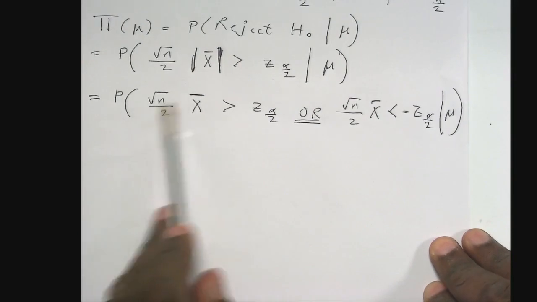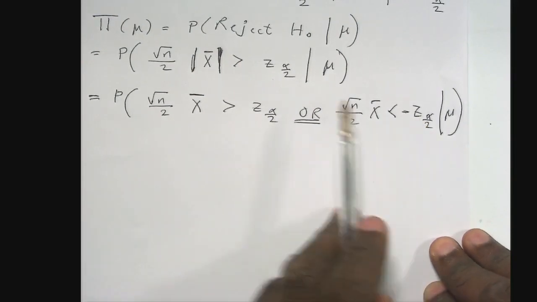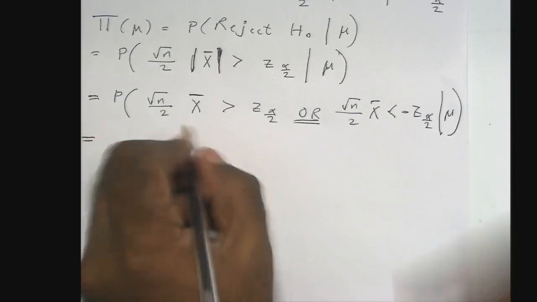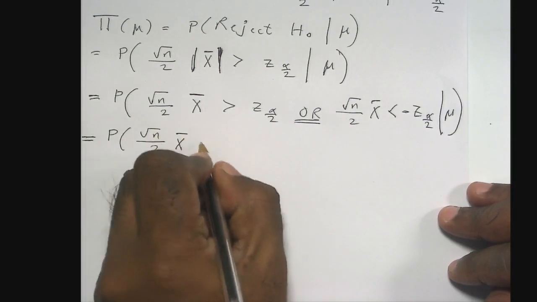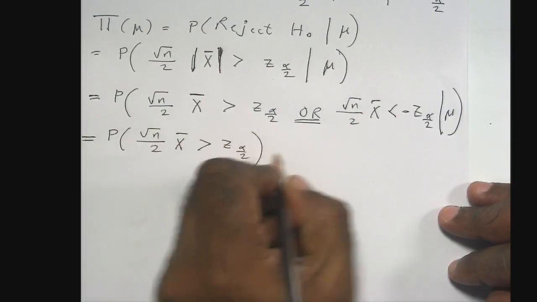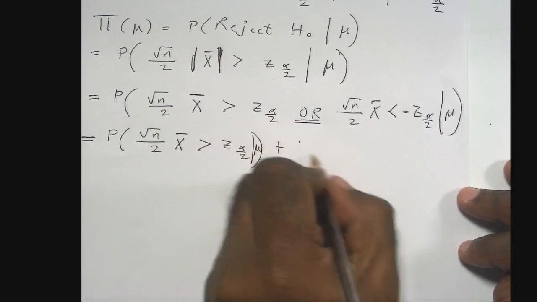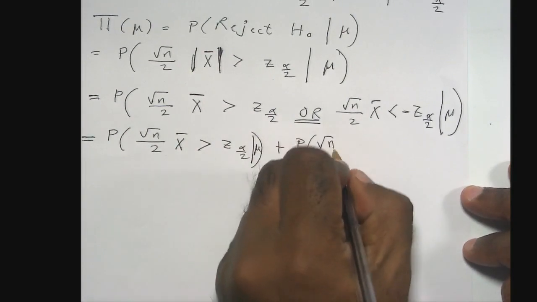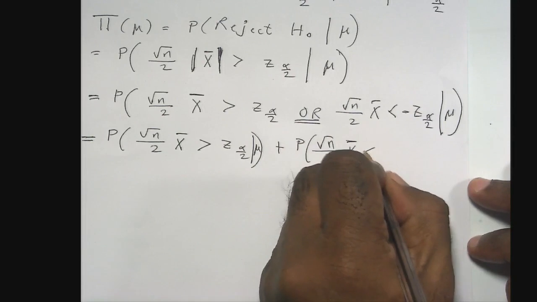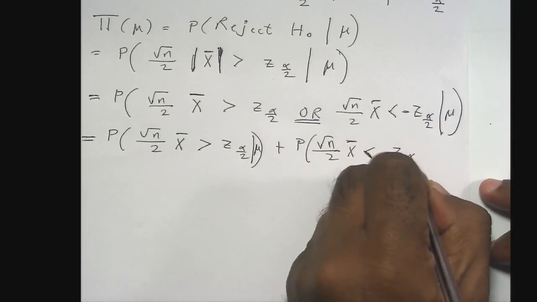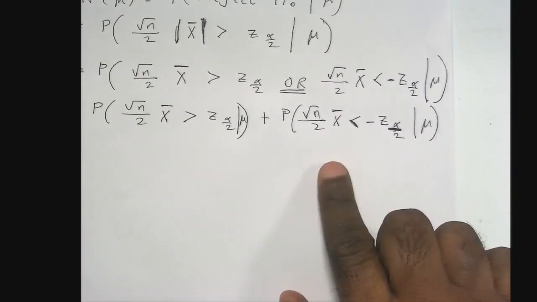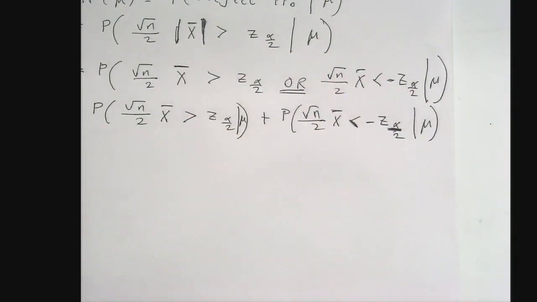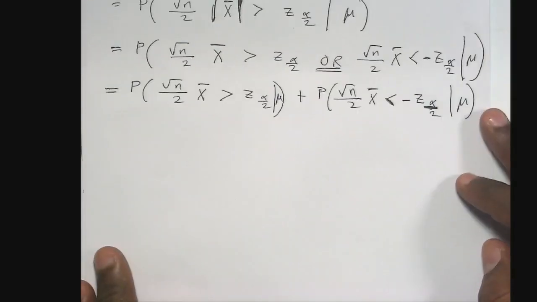Either this is greater than this or less than the minus of this, which you can write, since these are mutually exclusive events, as the sum of two probabilities. The reason you can do this is because these two events are mutually exclusive. The term you must have heard 100 times in your probability 1 course.